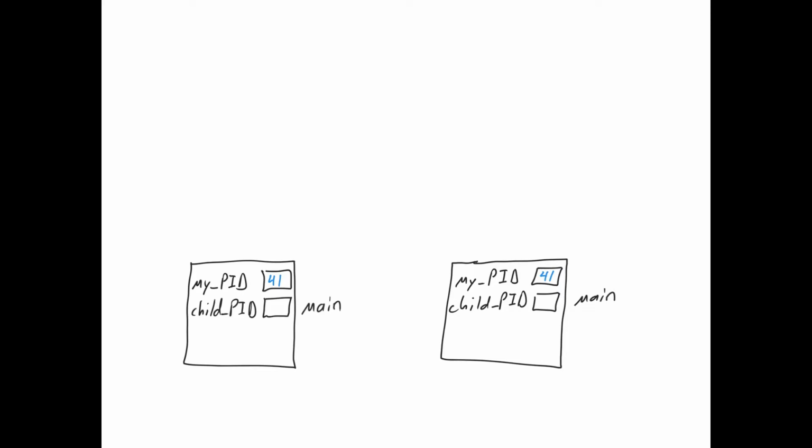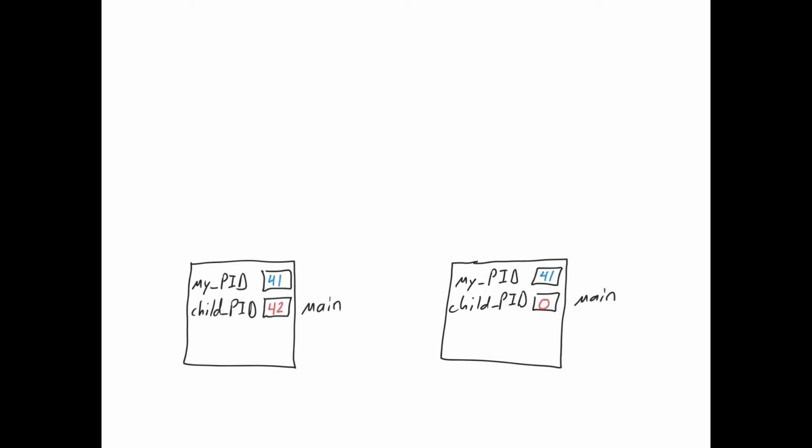In the child process, fork will always return 0, and we're assigning the return value of fork into the childPID variable. And in the parent process, fork will return the process ID of the child. So this is some integer larger than the parent's process ID. I'm just going to guess that it ends in 42, but it might be something larger than that.